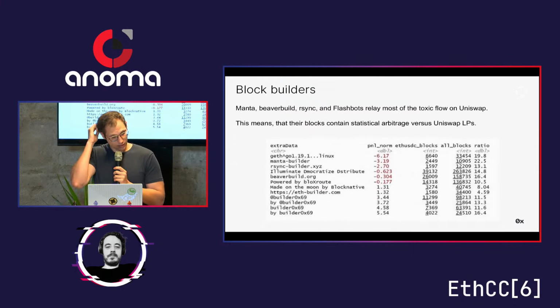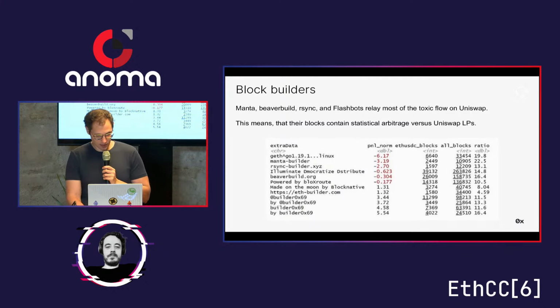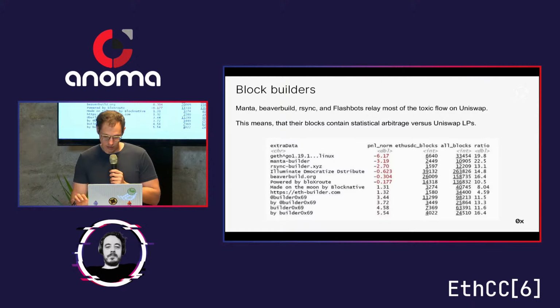And Manta, Beaverbuild, rsync, and Flashbots relay most of the toxic flow on Uniswap, which means that their blocks contain statistical arbitrage versus Uniswap LPs. And Beaverbuild and Manta builder are the same entity. So you can see that there are a few entities that generate all of the losses to the LPs.